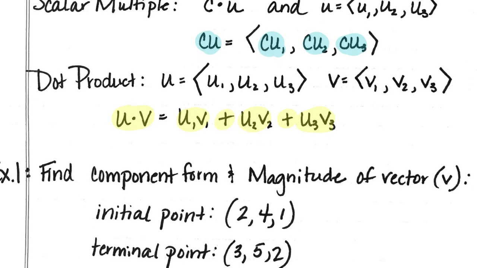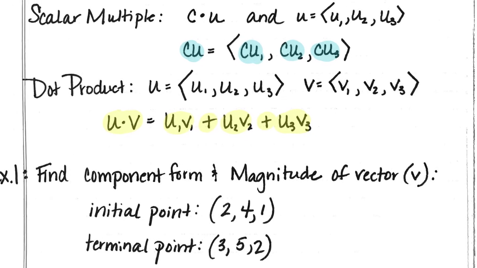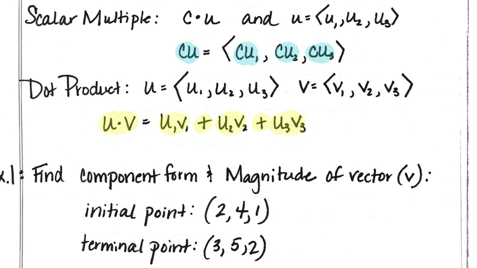So the first question says, find the component form and the magnitude of vector v. The first thing we have to remember is we are taking terminal minus initial. So for the first one, we're going to take 3 minus 2, and that gives us 1. Then we have 5 minus 4, and that gives us 1.